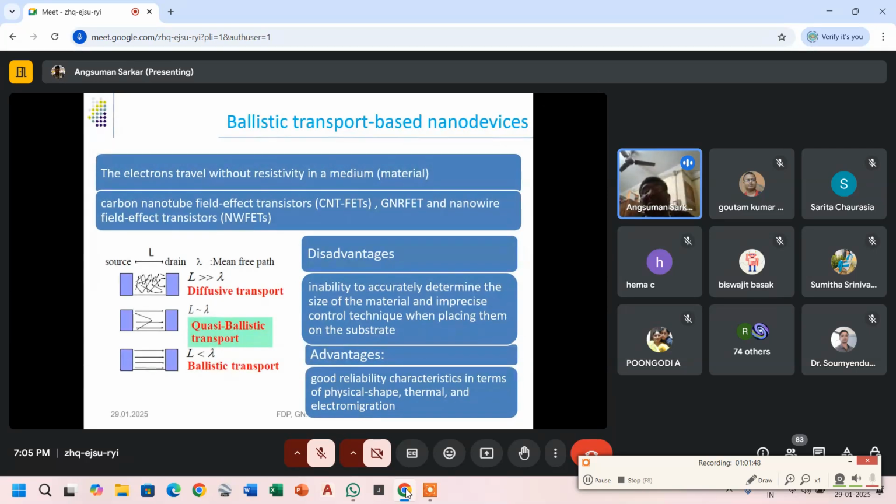That is a big problem. So room temperature operation and accurate fabrication are difficult problems. Still many researchers are working around it, and maybe in future they aim to replace the conventional MOSFET using ballistic transport-based devices.